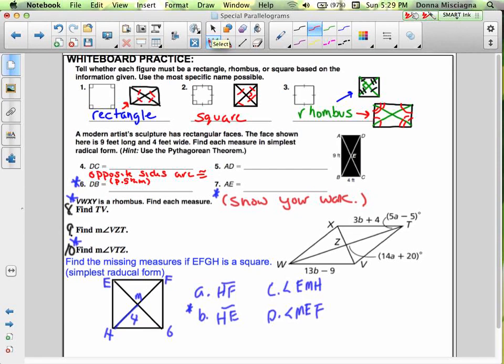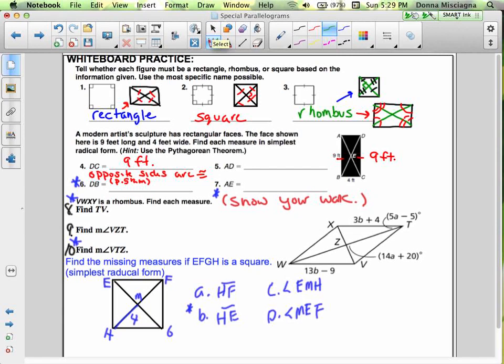So if AB is 9, DC is also 9 feet. And then all of these, this is one problem. So all these numbers go together. So, I mean, it's 4 problems, yes, but all of the information remains constant. So notice those, that 9 feet and 4 feet are on the diagram. So I don't have to worry about erasing.